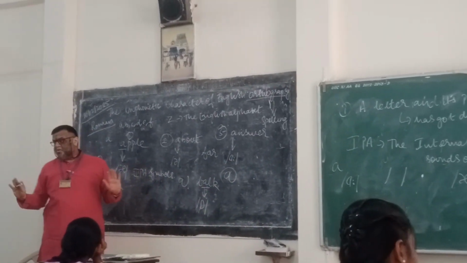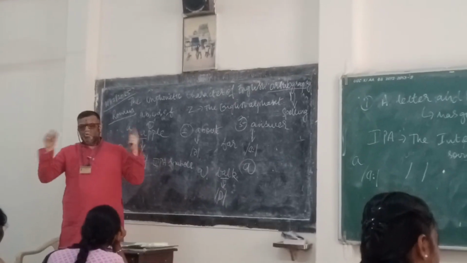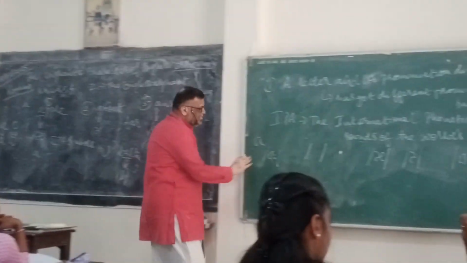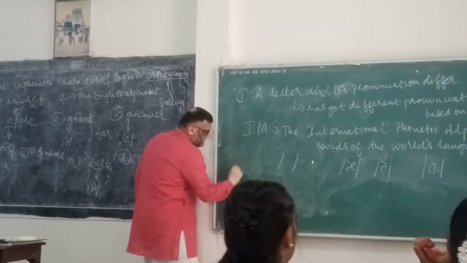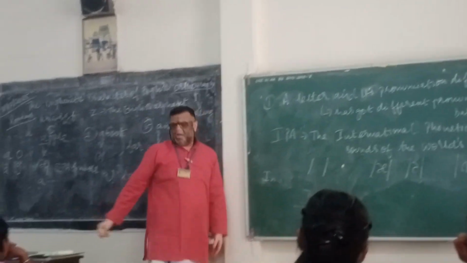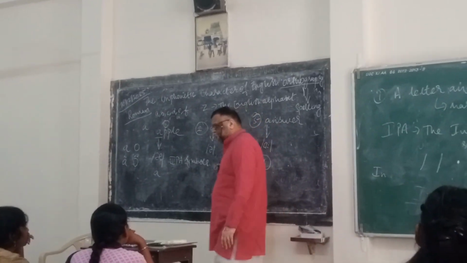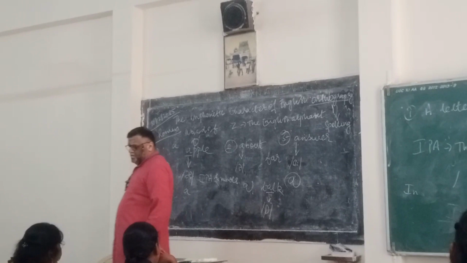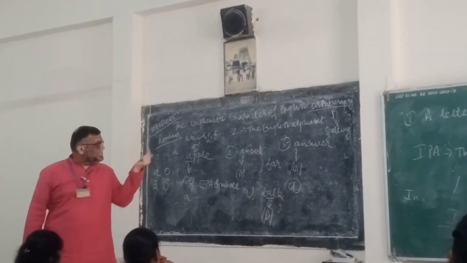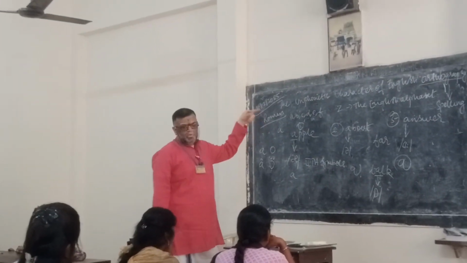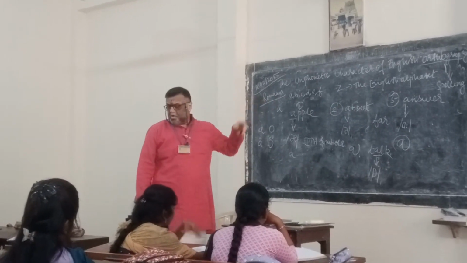The unphonetic character of English orthography. Now the question arises. So you can say this. You can write this. So how would you write? Can anyone go ahead and come on? In English, orthography is unphonetic because the number of letters.